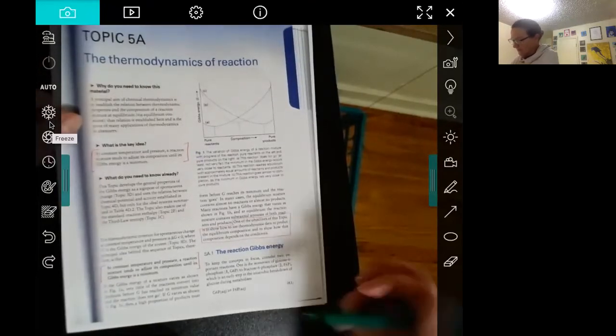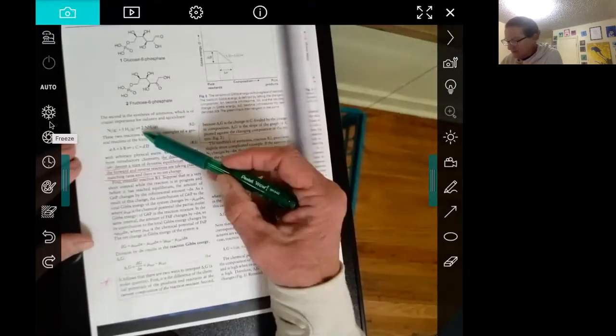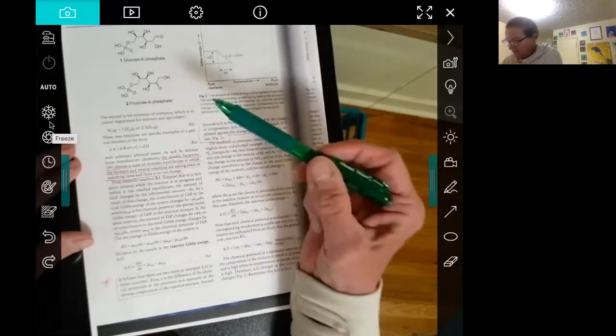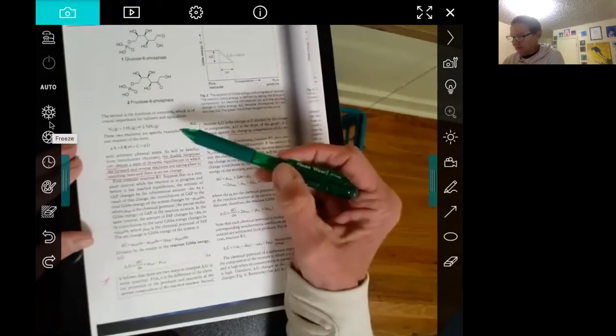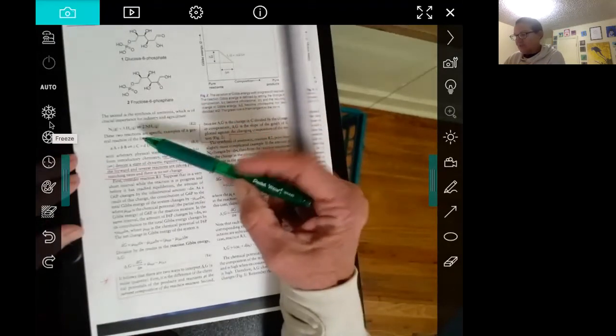So first, when we think about the reaction Gibbs energy, we remember that when we draw these double harpoons, they call them here, it denotes a situation where we're at dynamic equilibrium, where there's no net change, even though things are reacting forward and backwards.